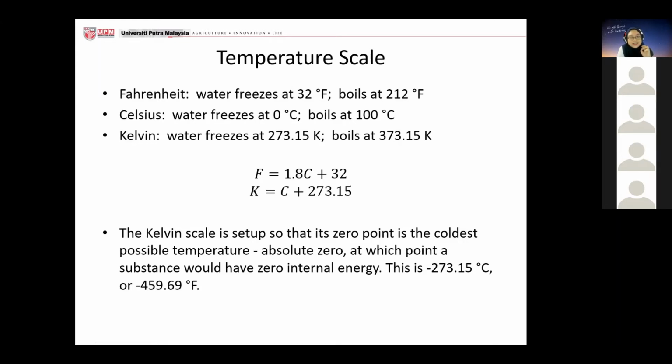But this is in Kelvin. In nature, it's absolutely impossible for you to get below negative 273.15 Celsius, which is 0 Kelvin. That is the absolute zero, the coldest possible temperature, but it's not happening in nature. There's a reason for that, and we will look at that later on.